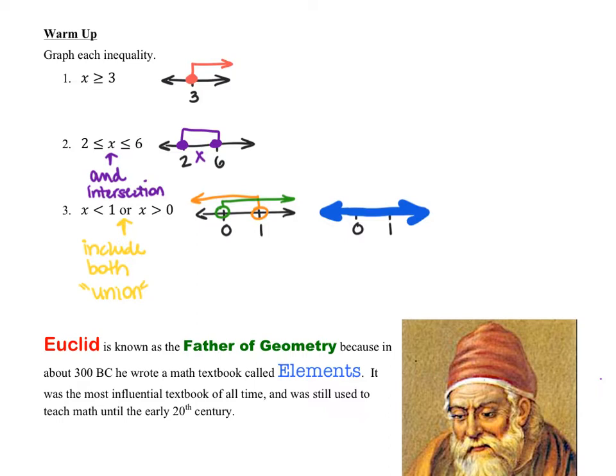That ends up covering the entire number line, so our answer with the number line in blue is our final answer. If we were to write that in some type of set builder notation, we would say all real numbers, because all numbers on the number line will satisfy that compound inequality.